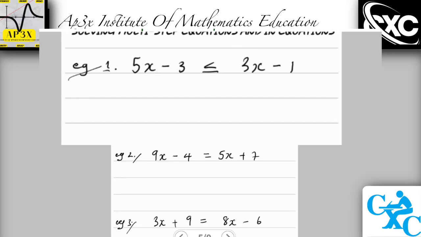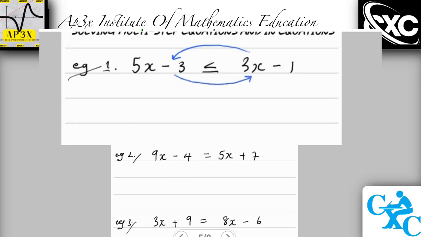Both methods work, but I particularly like when the coefficient of my subject is positive. So in this case, I'm tempted to bring the positive 3x in the direction of the 5. So I'm going to bring this here, and I'm going to bring the minus 3 over here.